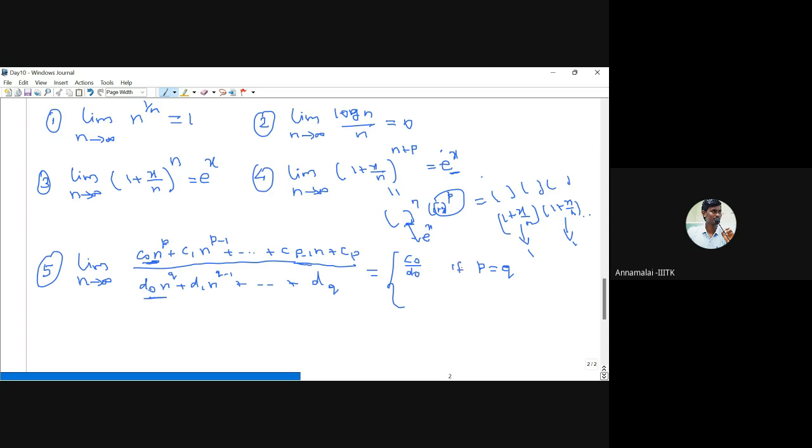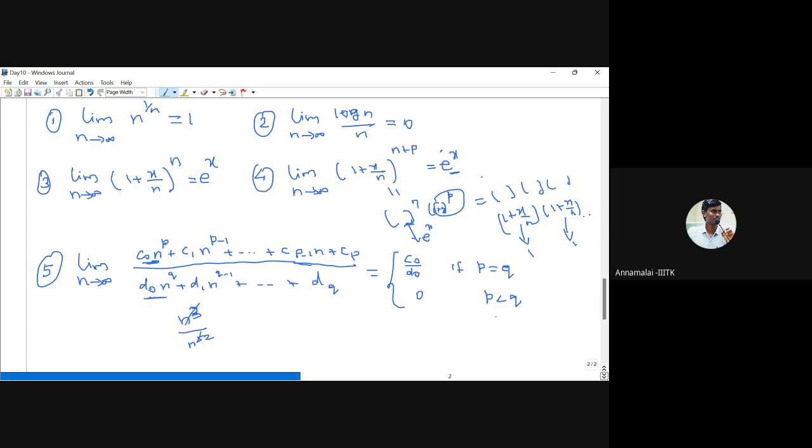Suppose p is smaller than q, then what will happen? We get 0. For example, suppose in the numerator we have n cube and in the denominator we have n power 5. We can cancel n cube and then we have 1 by n square. As n goes to infinity, 1 by n square goes to 0. That's why I'm writing here.